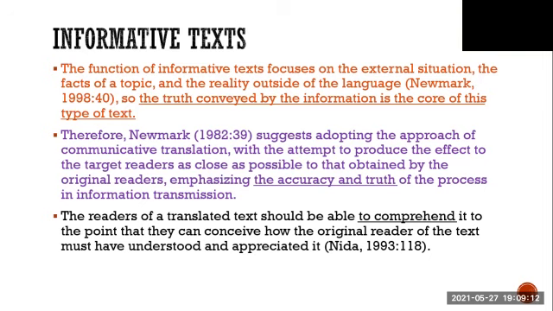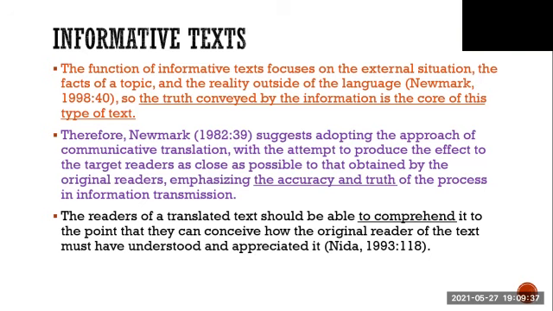Okay, so if it is an informative text that is warning about something, both readers, the original and the reader in the target language, should feel this apprehension, which is the result of a warning.